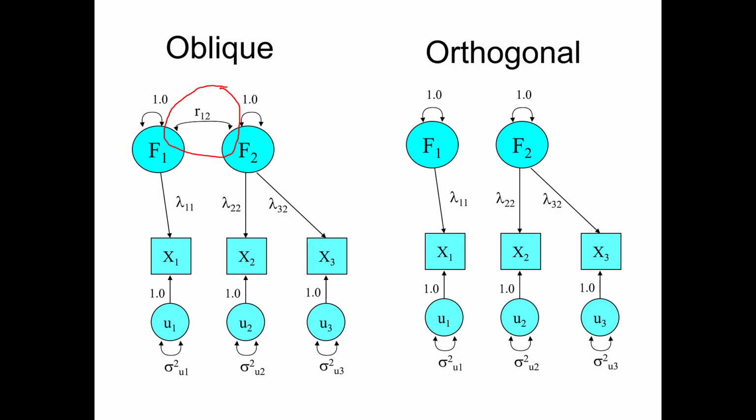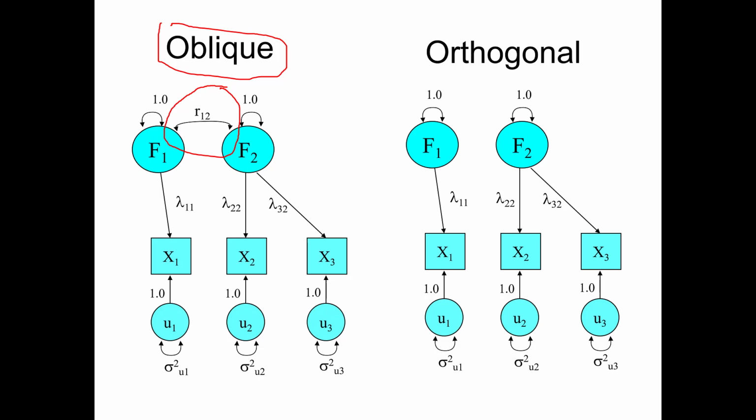What this is, it's a correlation. When you see this double-headed arrow, it's a correlation. So oblique rotation allows the factors to correlate with each other. With orthogonal rotation, the factors don't correlate with each other.